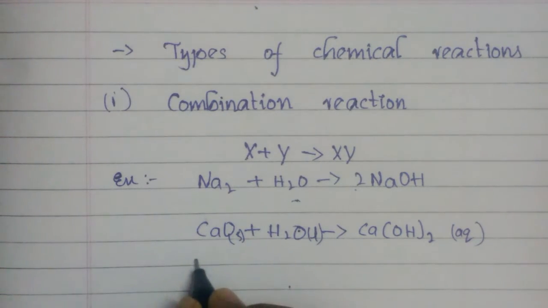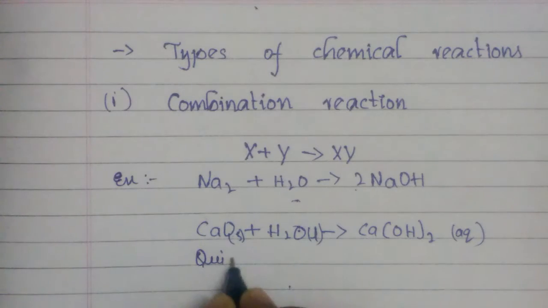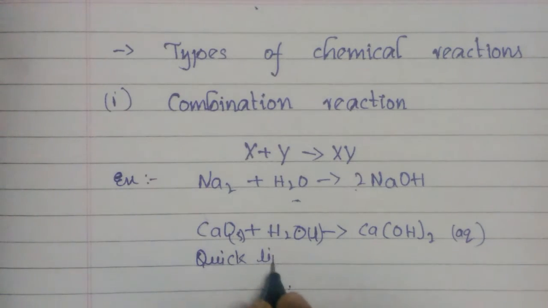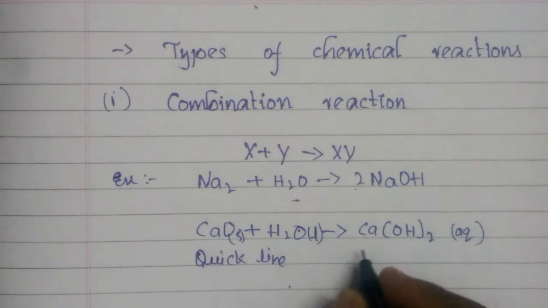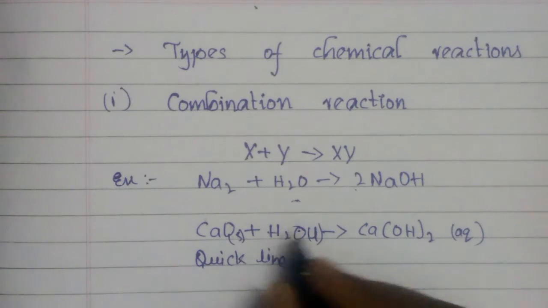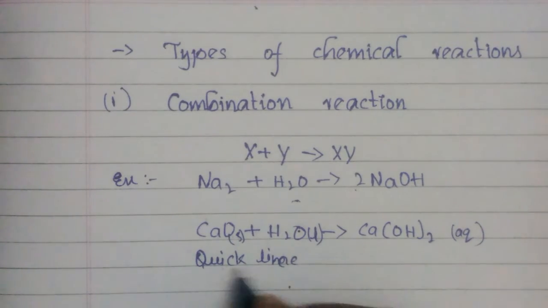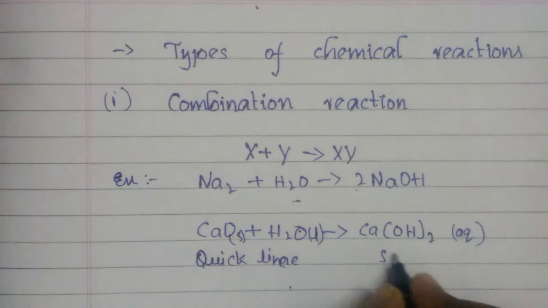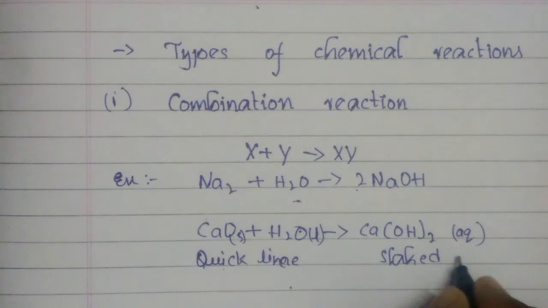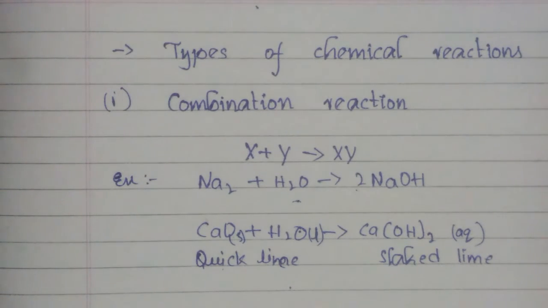Here CaO is quicklime, and Ca(OH)2 is slaked lime. Quicklime and slaked lime.